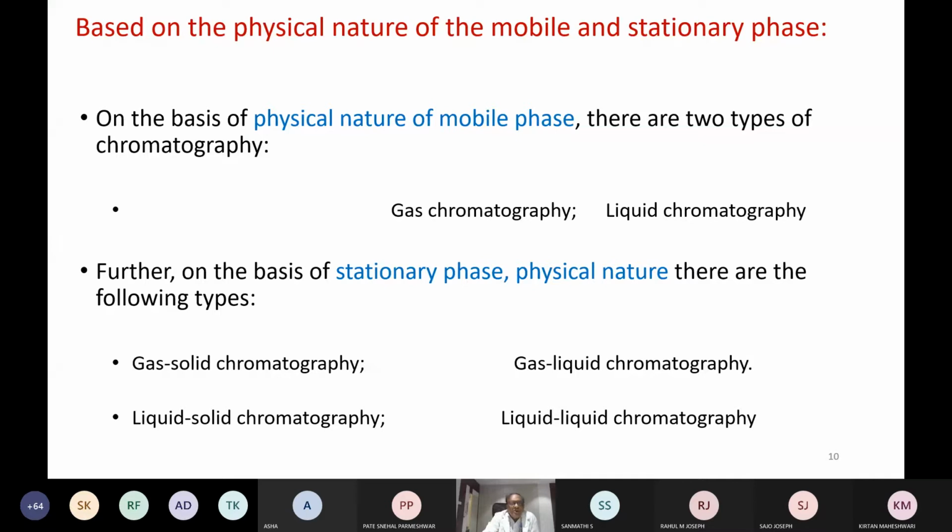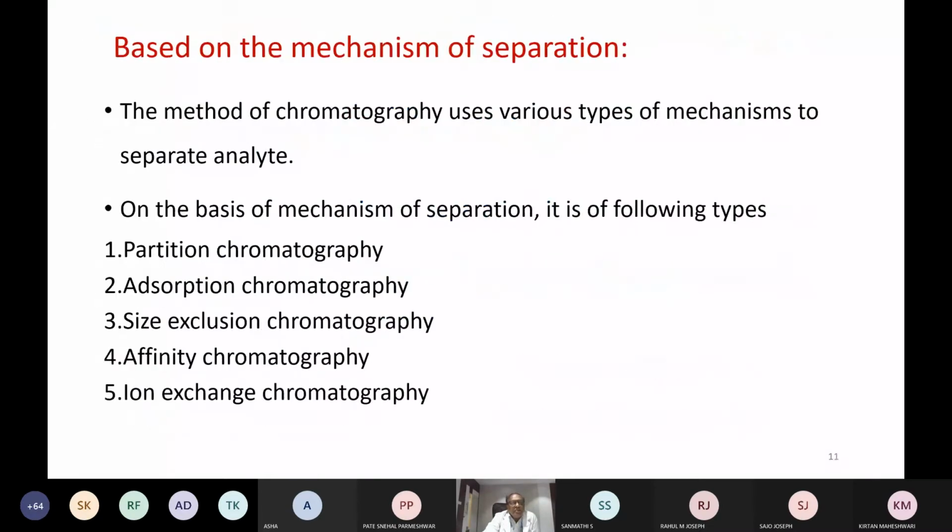Overall, the basic principle behind the application of this technique is the separation of different components which are dissolved in the mixture, so that they can be identified and taken into account in a purified manner.